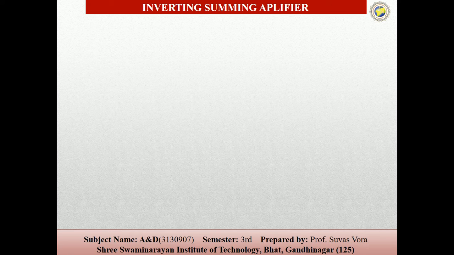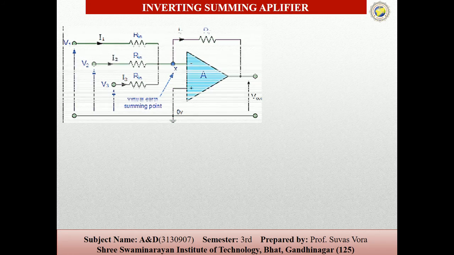Now let's talk about the summing amplifier. Just as we did summing in resistances, in a similar way here we will do summing. So you can see here there are three input resistances and the voltages are V1, V2 and V3.